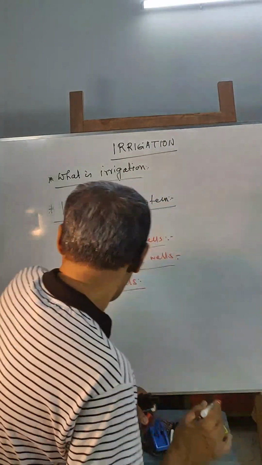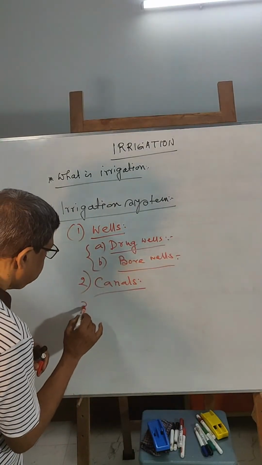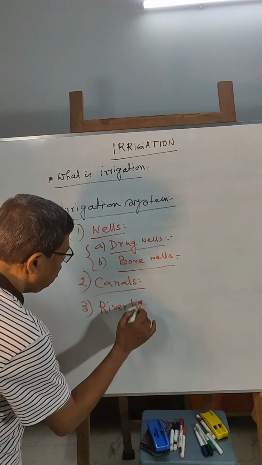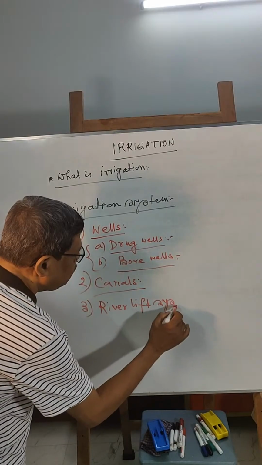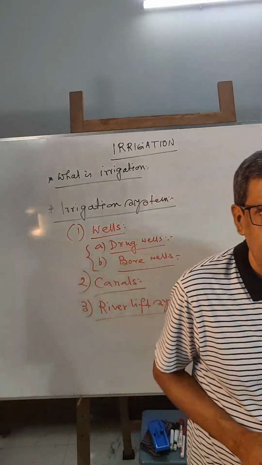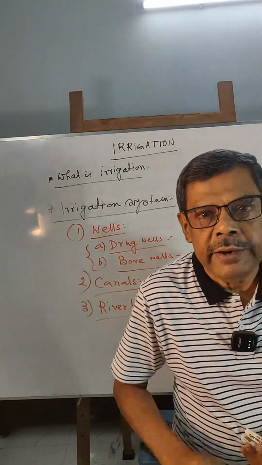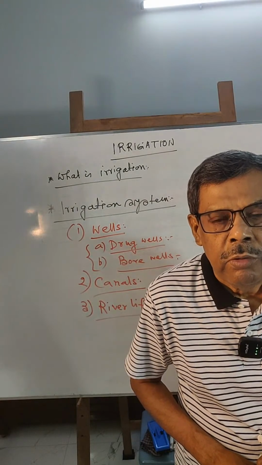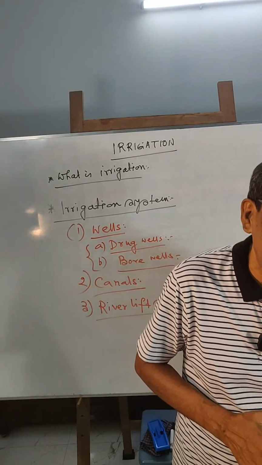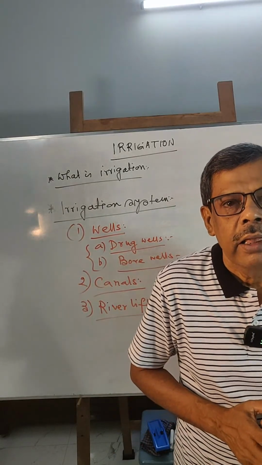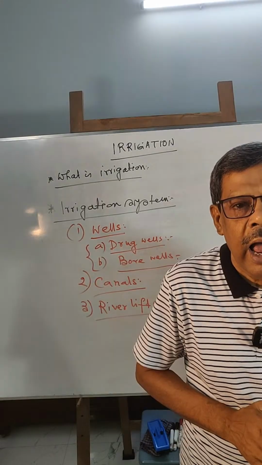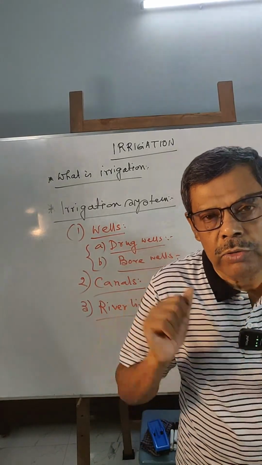Next, number 3, river lift system. When the river water goes below the level of the ground, then the canal system cannot work, or the canal system becomes slow and obstructed by various methods.